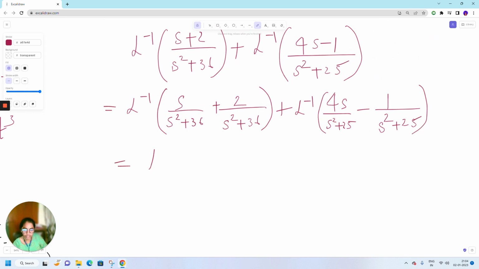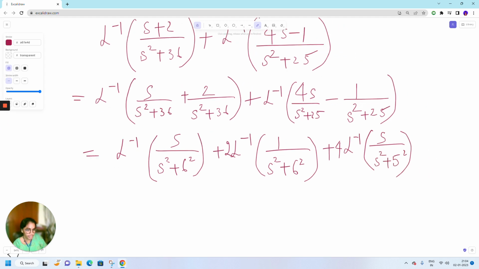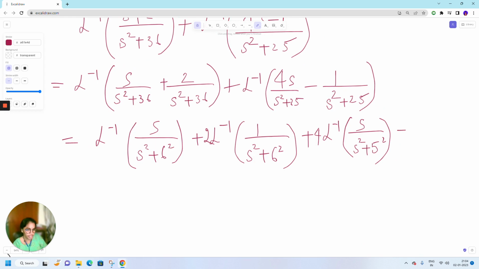So this would be Laplace inverse of s divided by s square plus 6 square, right? 36 I can write as 6 square. I'll take 2 common. I would have 1 divided by s square plus 6 square plus Laplace inverse of 4, which is a constant, I'll take it out, s divided by s square plus 5 square. 25 is a perfect square, I'll write it as 5 square. Laplace inverse of 1 divided by s square plus 5 square.